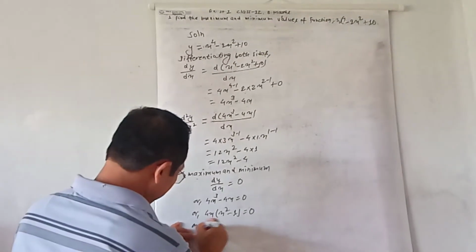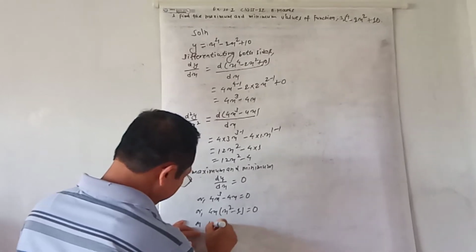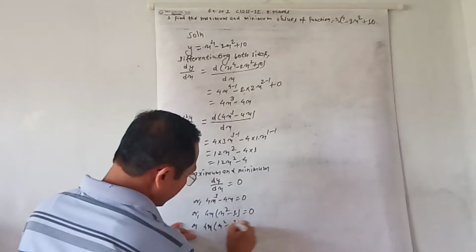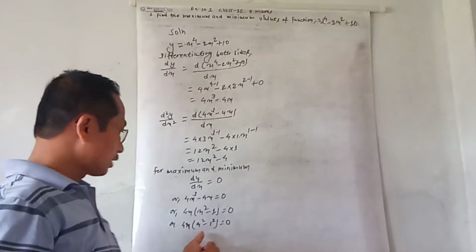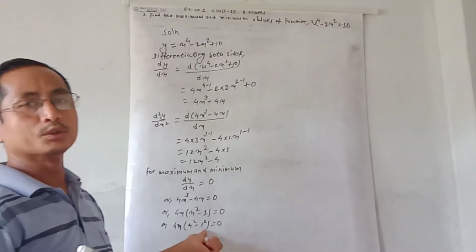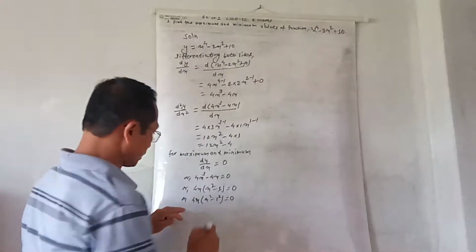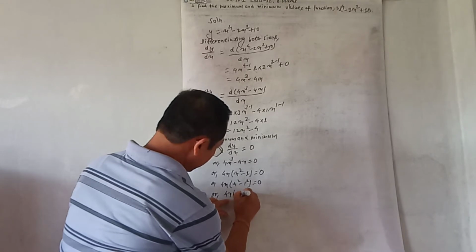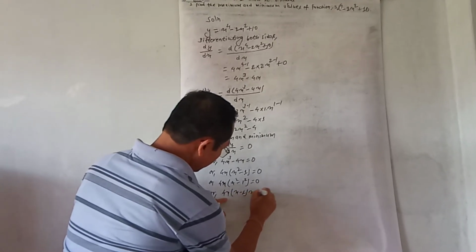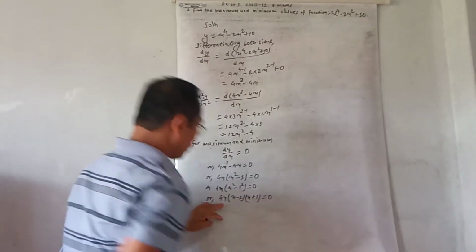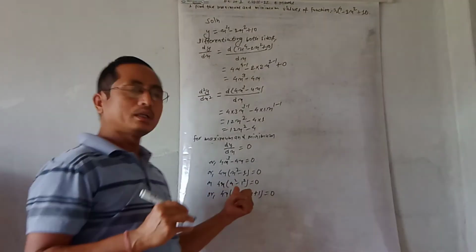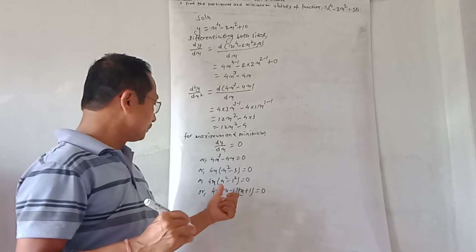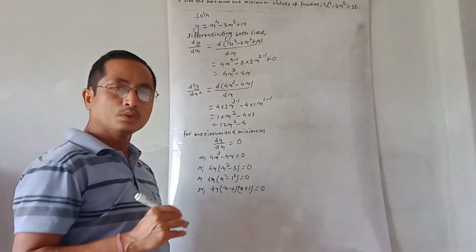Now we use the a square minus b square formula: x square minus 1 square, that is, x minus 1 into x plus 1. So 4x into x minus 1 into x plus 1 is equal to 0.